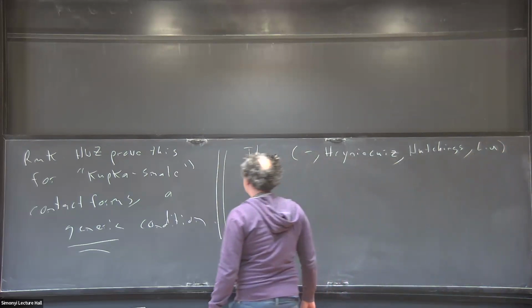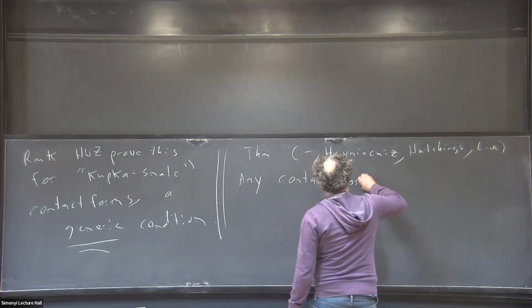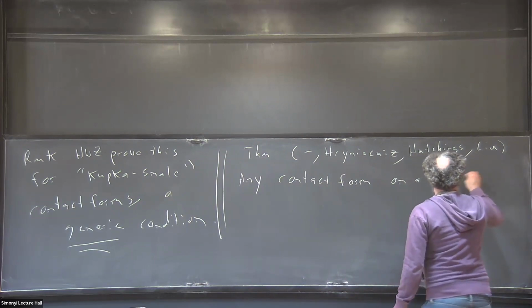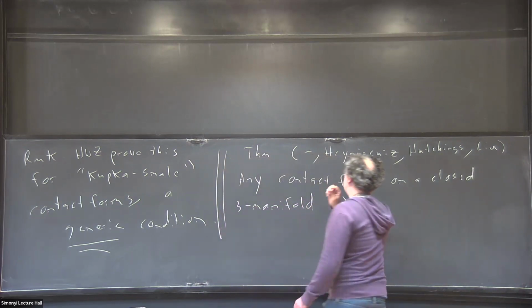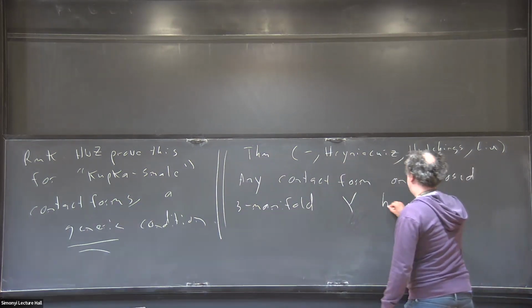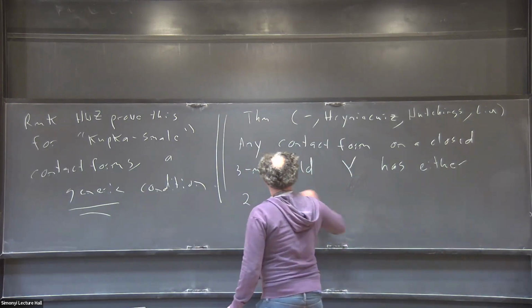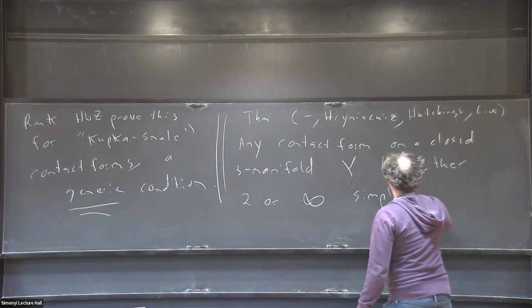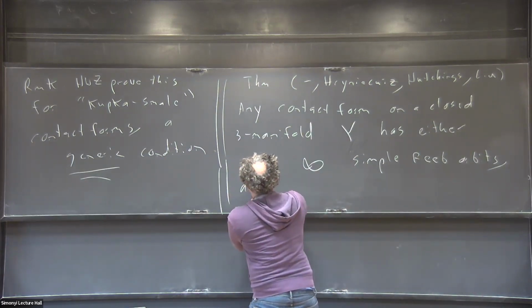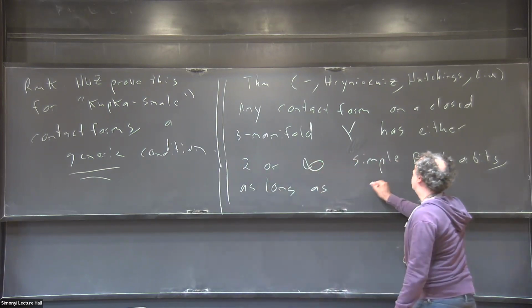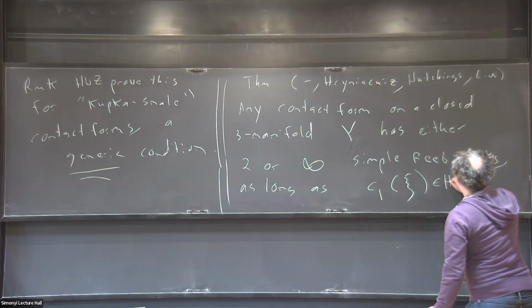It says that in fact, if I have any contact form on any closed three-manifold, then this always has two or infinitely many orbits, as long as the first Chern class of the contact structure, which you can view as a complex vector bundle, is torsion.